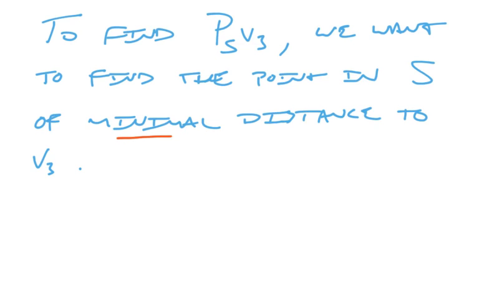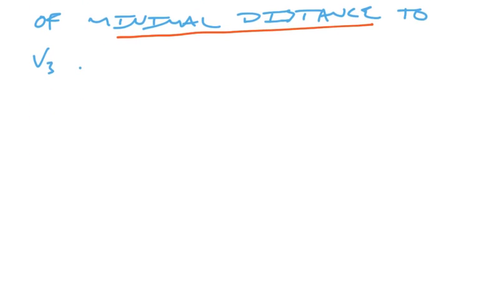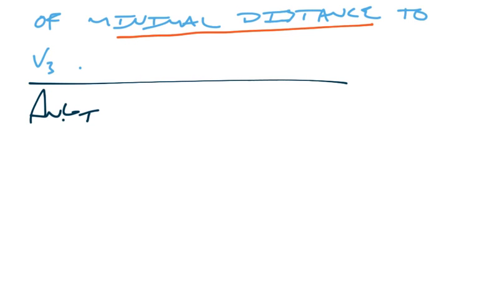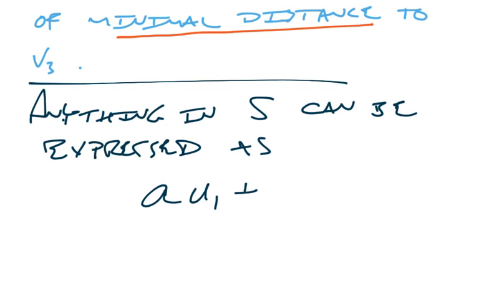And now, minimal distance, this is an optimization problem. We want to find the minimum of something. So the way we're going to go about this is by recognizing that anything in S can be expressed as some constant a times u1 plus some other constant b times u2. It's just a linear combination of u1 and u2. This is how S is defined.